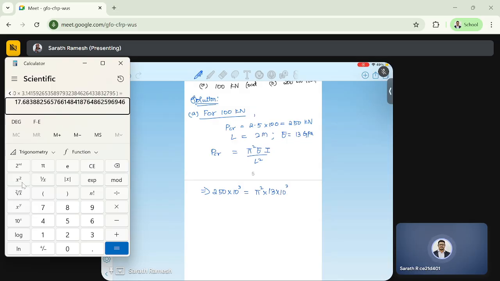I am writing in Newton and mm square, that's why I am writing 10 power 3 megapascal, which is Newton per mm square, into I divided by length, 2 meters, so in mm I'll write 2000 square. We don't know I.